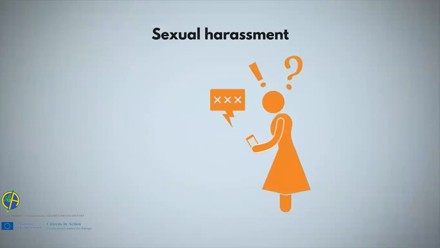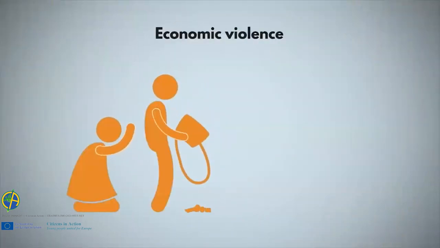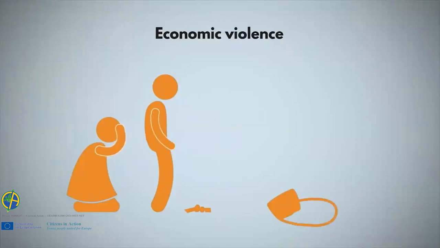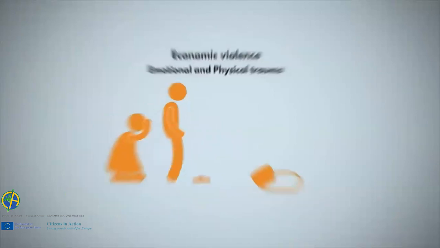Sexual harassment is also a form of sexual violence that can either be verbal or physical. It occurs in private and public spaces, such as schools, workplaces, in the streets, and on public transport. Economic violence involves denying a person access to their money, economic activity, or other basic needs by either controlling their finances or stopping them from achieving financial independence. All these forms of violence may lead to emotional and physical trauma.